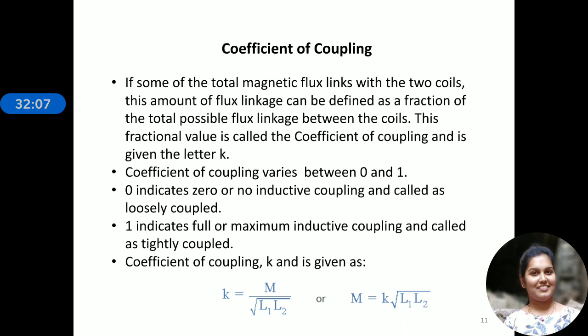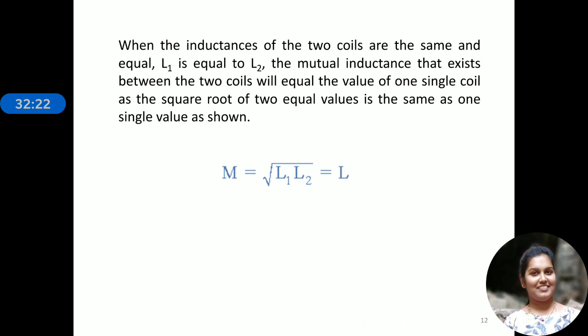Also, when the inductances of the two coils are the same and equal, if L1 is equal to L2, the mutual inductance that exists between the two coils will be equal to that of a single coil, right? That is, if L1 is equal to L2, then we can simply write it as root of L squared. The square and square root get cancelled, and we are simply left with M is equal to L, right?